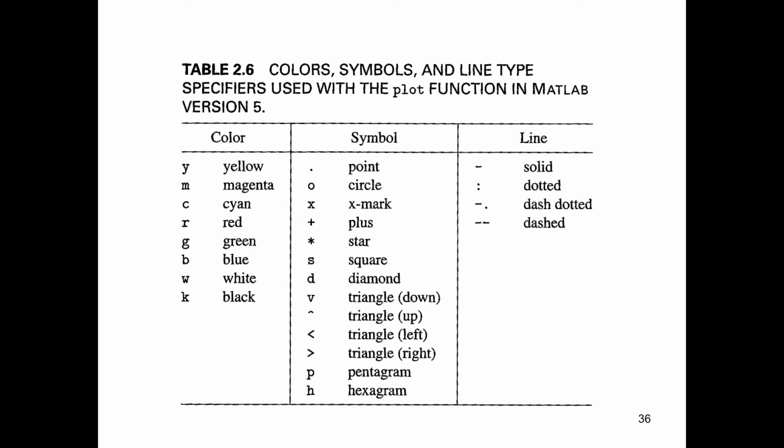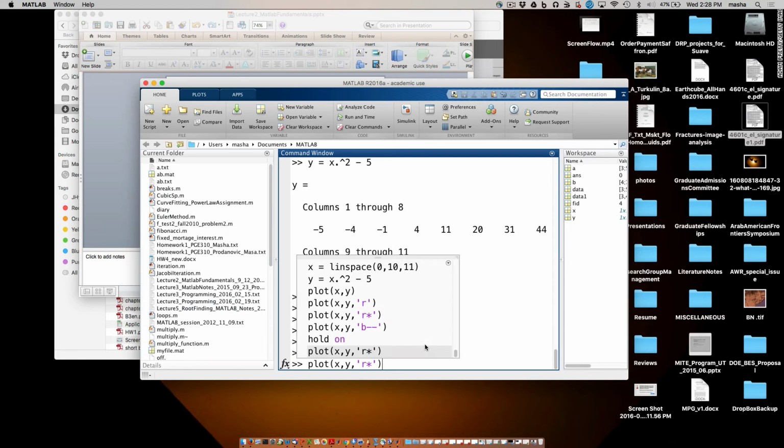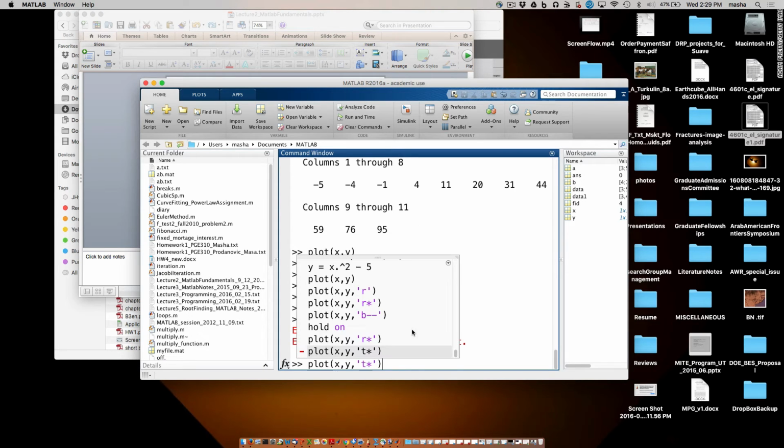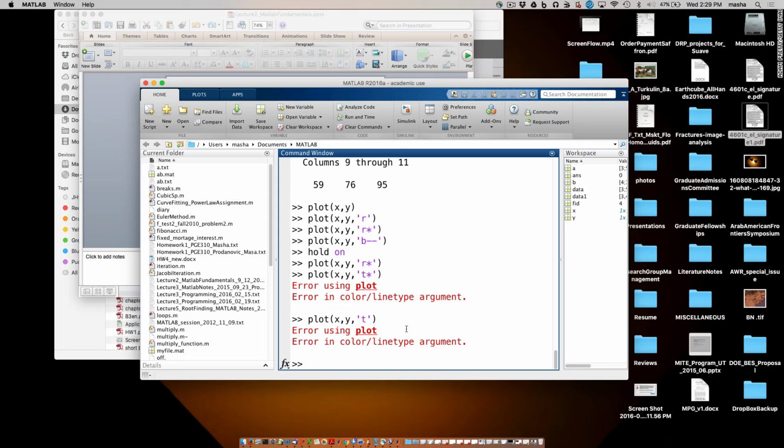Wait, if you use the triangles, would the triangle go like a triangle? Well, there's a triangle pointing up, down, left, and right. So you could orient your triangle in different ways. Let's give it a shot. Was it T?